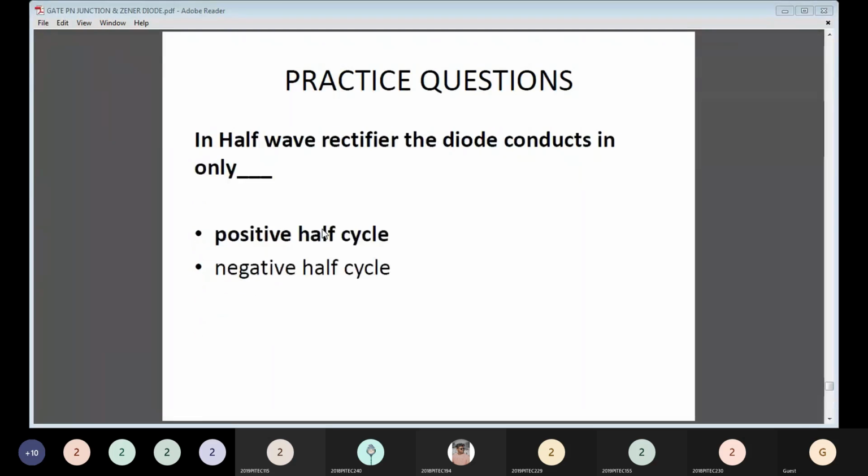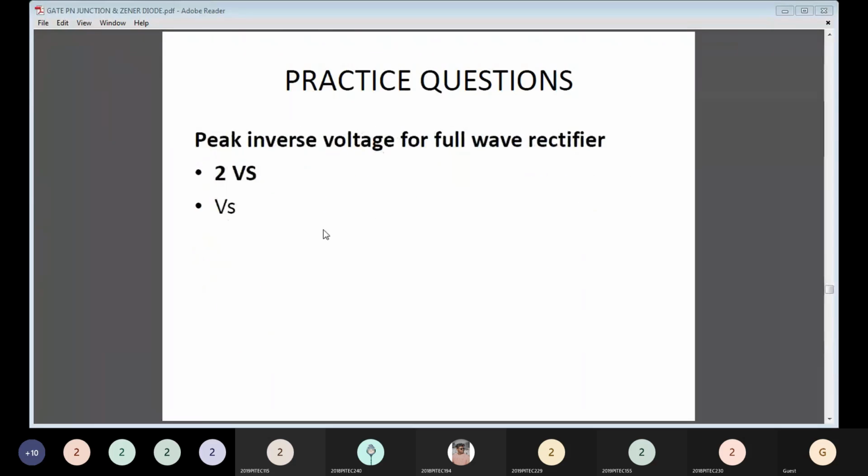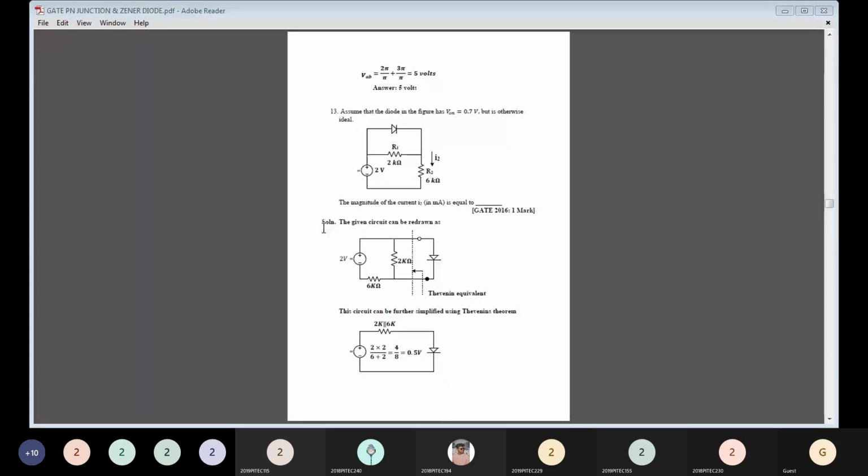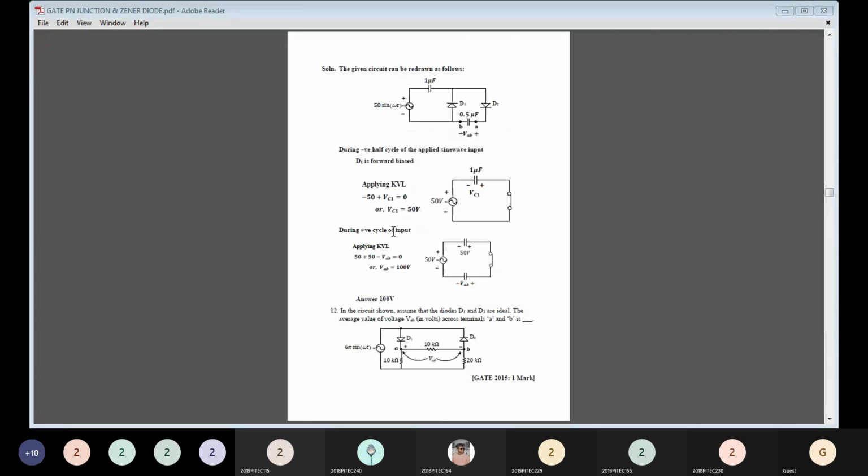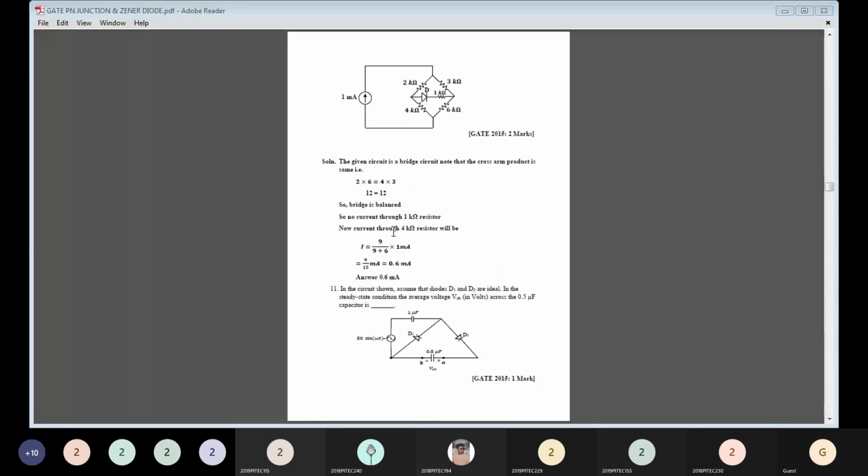And I left out two questions. We move on to the continuation with the circuit problems. In the given circuit shown, assume that diodes D1 and D2 are ideal.